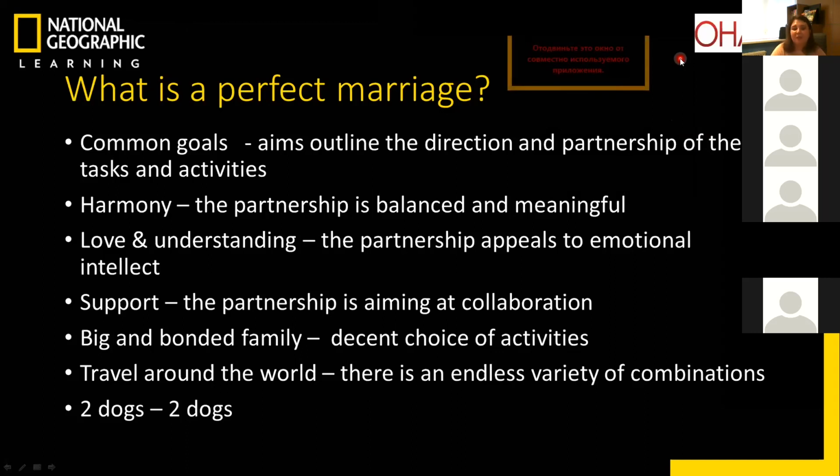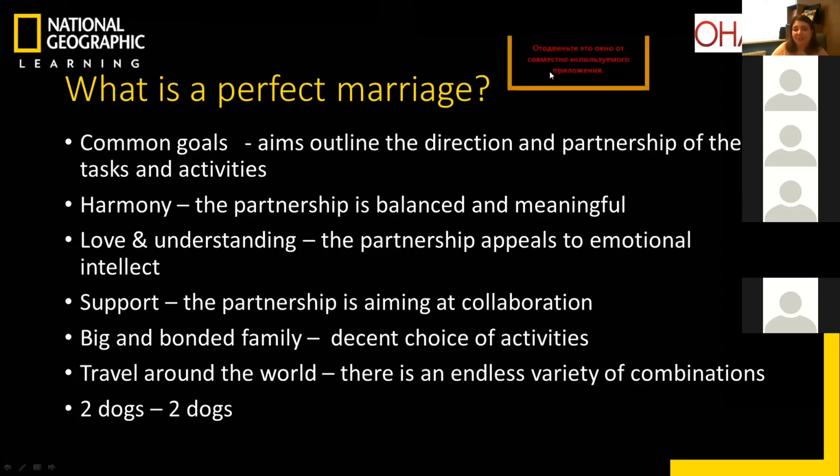Again, we keep the magic question in our heads, like why we're doing this, and think of how we can balance it. Love and understanding: the partnership appeals to emotional intellect. This is also the intellect that we develop. Maybe sometimes we do this consciously, subconsciously, but if you keep it in mind, then it's really important.